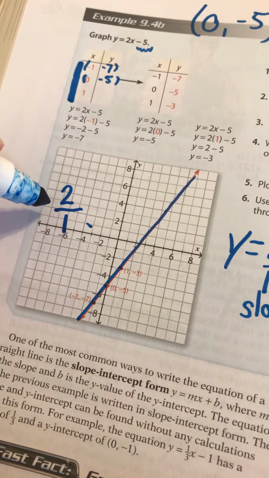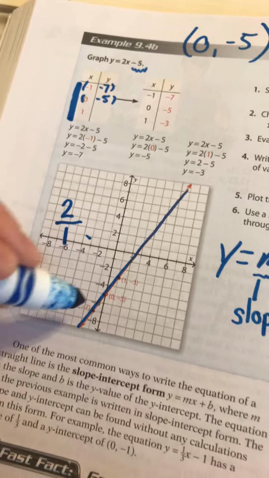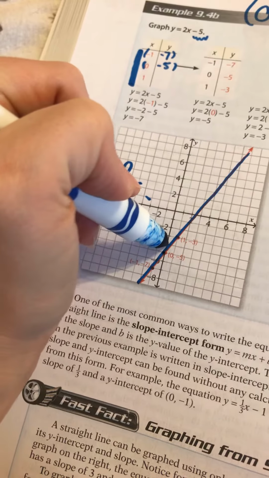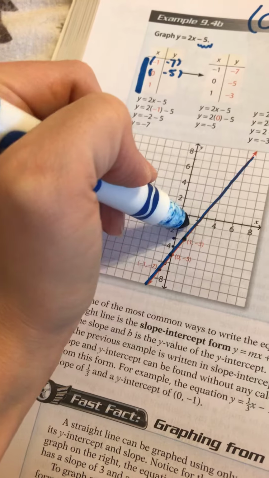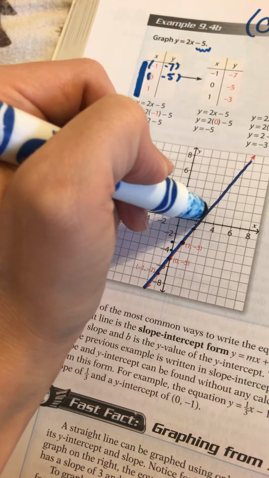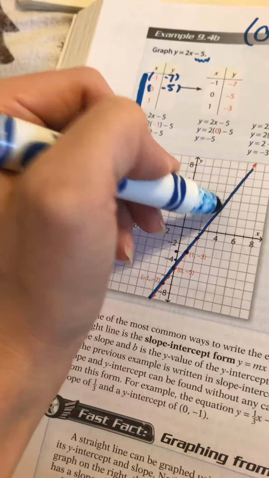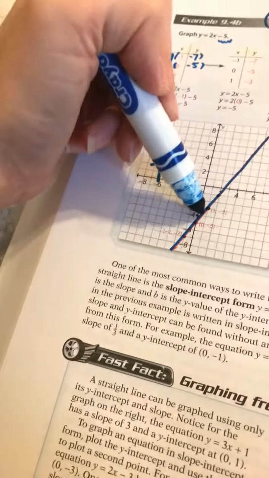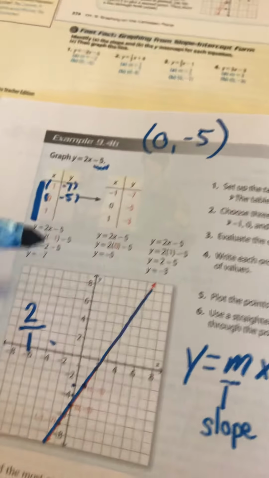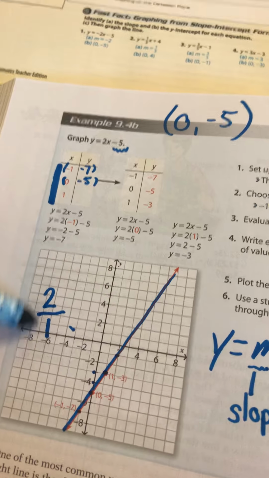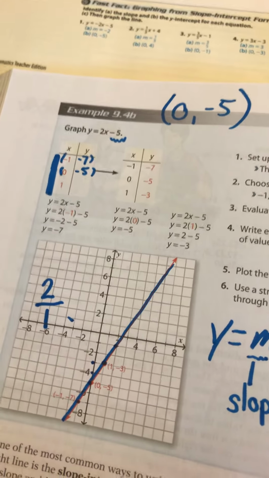So that means it's going to go up 2 over 1. And that's another way we can check to make sure we did the math right. If it doesn't work with our slope right here, then your math is not right and you need to recheck it.